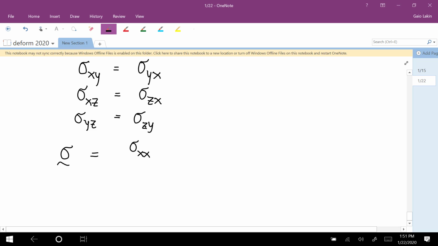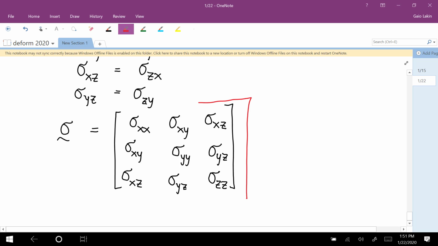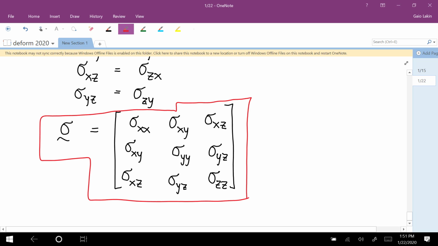Sigma XX, sigma XY, sigma XZ. Symmetry says this is XY again. YY, YZ, XZ again, YZ again, and ZZ. And this thing is called the stress tensor.